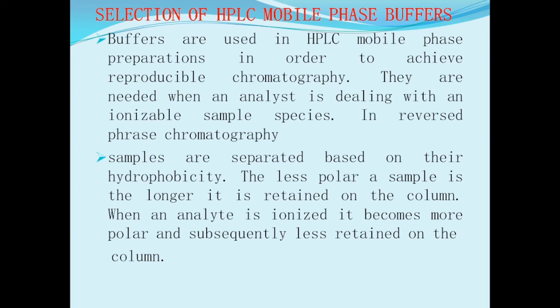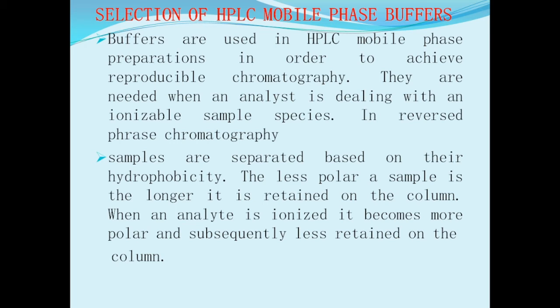Selection of HPLC mobile phase buffers. Buffers are used in HPLC mobile phase preparation in order to achieve reproducible chromatography. They are needed when an analyst is dealing with an ionizable sample species.